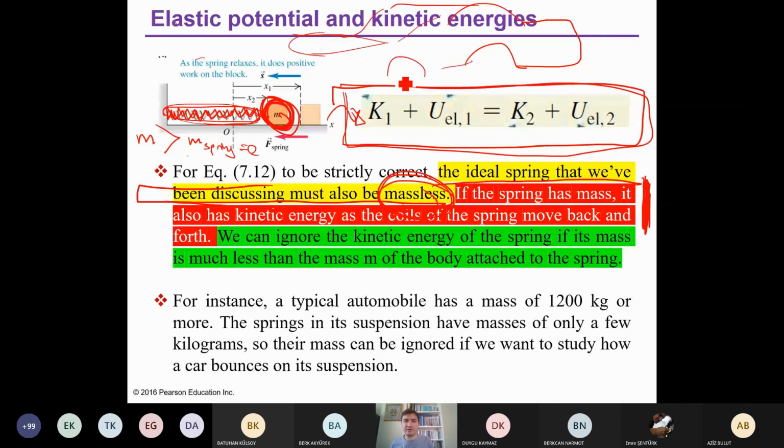Since the mass of this car is about 1.5 ton, let's say, and the mass of the spring is very small compared to the mass of the automobile, you can ignore the mass of the spring. Then you can still apply this conservation of mechanical energy.